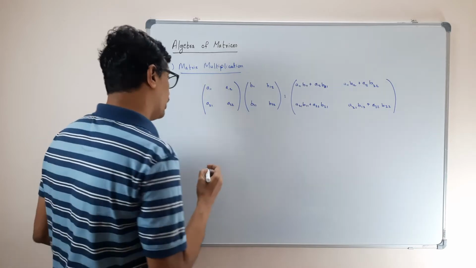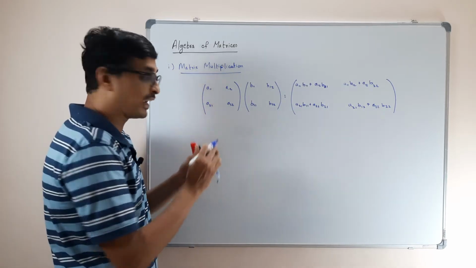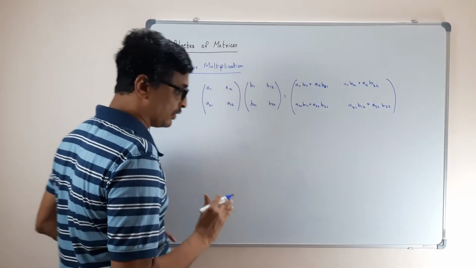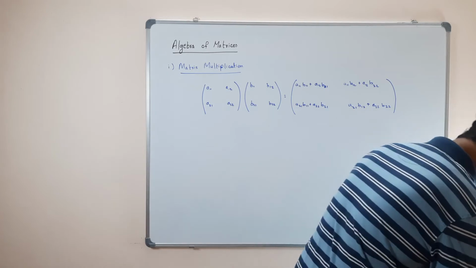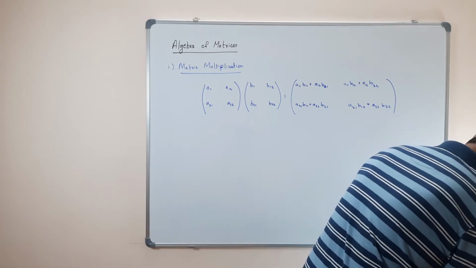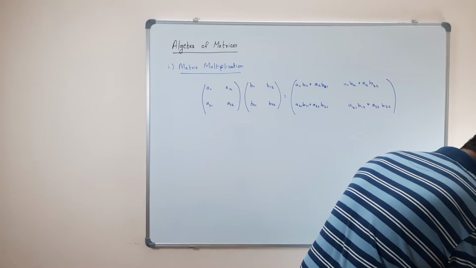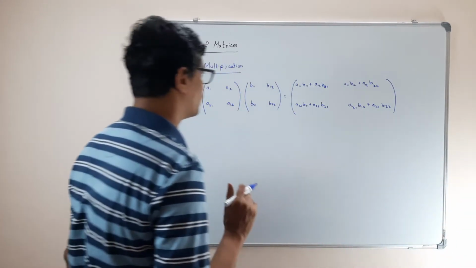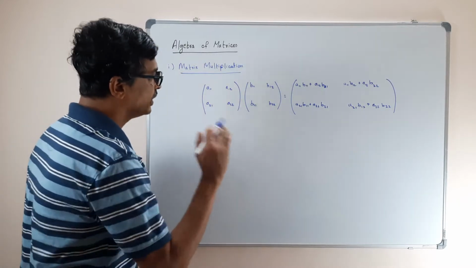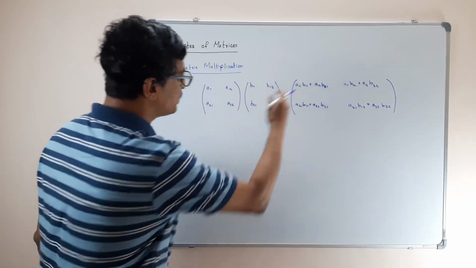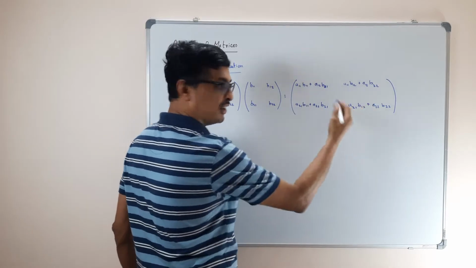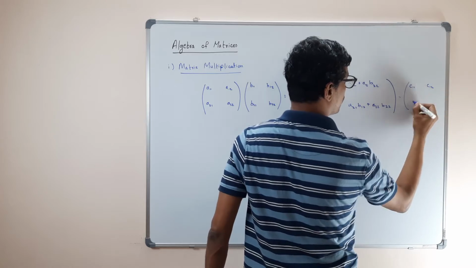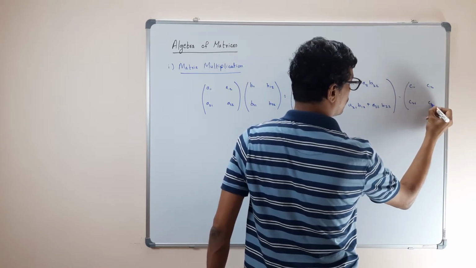For example, we have taken a square matrix. I can simply do it for a 3 cross 3 matrix also. You can write this whole matrix multiplication in a symbolic form. This resulting matrix is a new matrix, so I can call it C11, C12, C21 and C22.